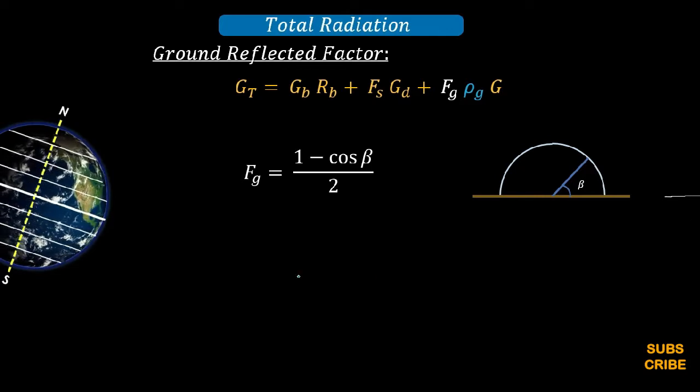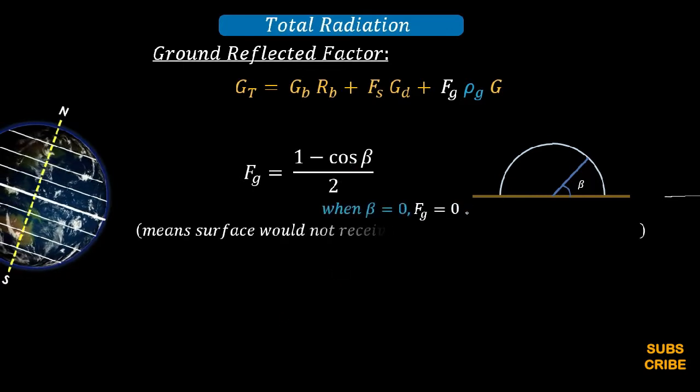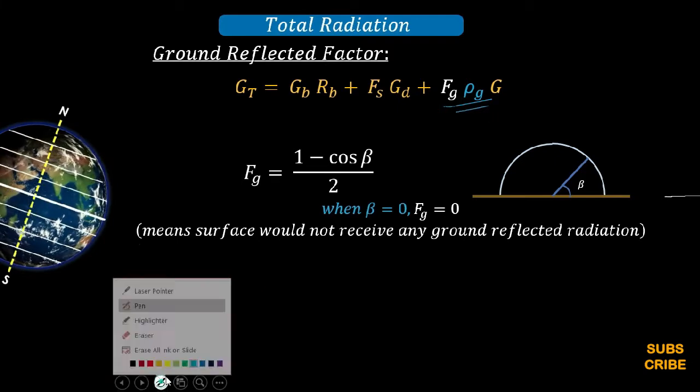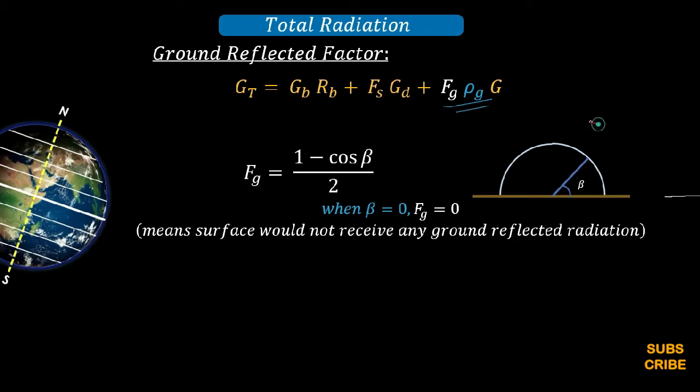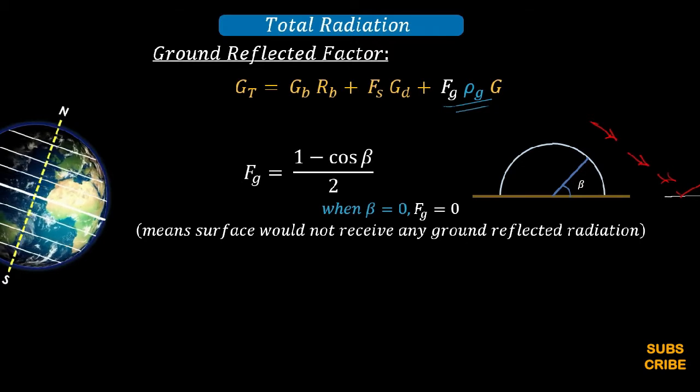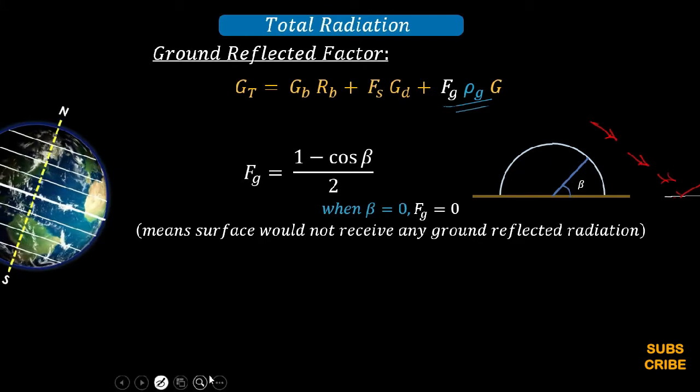So cos 0 is 1, and the value of the ground reflector factor is 0, so the whole term would be 0. So in this case we won't be receiving any ground reflected radiation. Let's say the beam radiation is coming, and after reflecting from the ground it is just passing over the plate, so none of the radiation would be received from the ground on the photovoltaic or solar thermal collector.